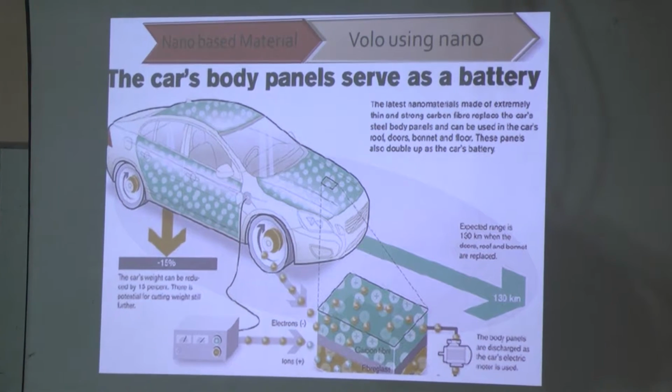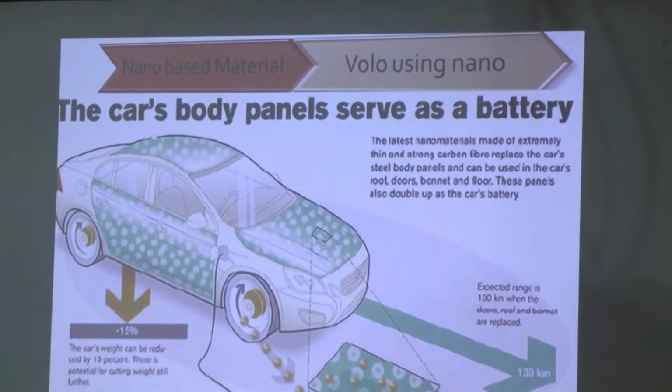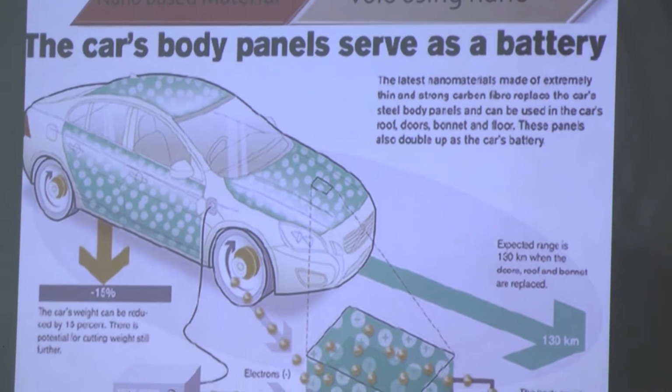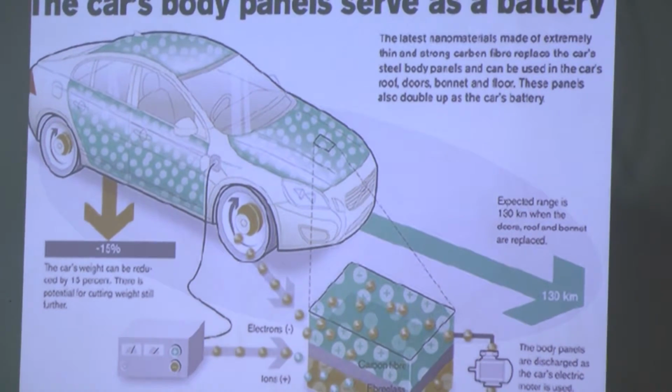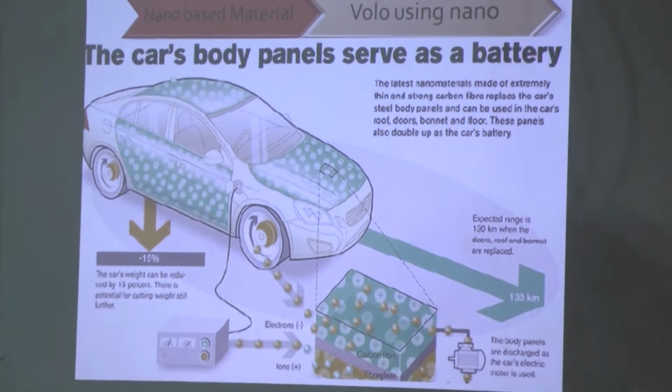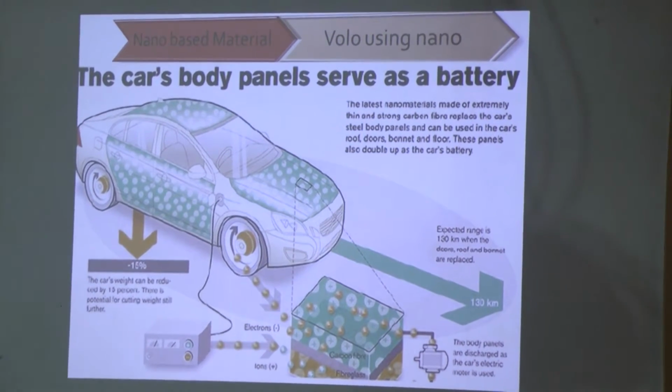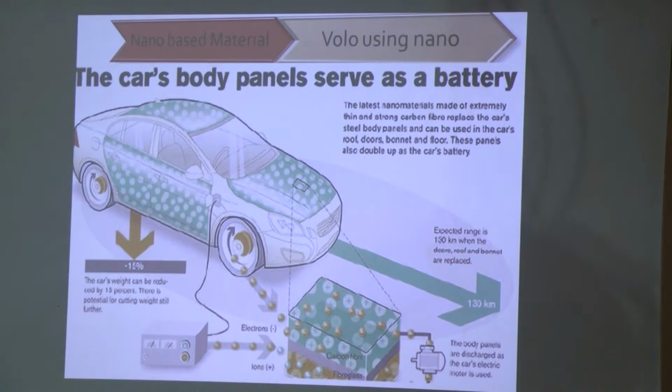Many automobile industries and companies are trying to utilize nanotechnology. For some reasons, I have not included a deeper explanation with respect to change in particle size, how your optical properties, electrical properties, mechanical properties, magnetic properties change.